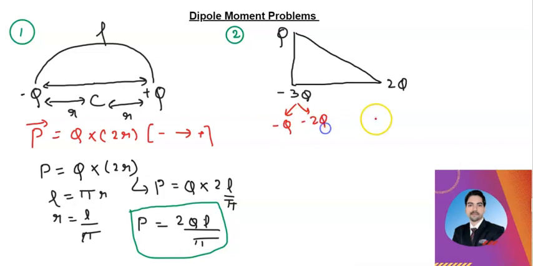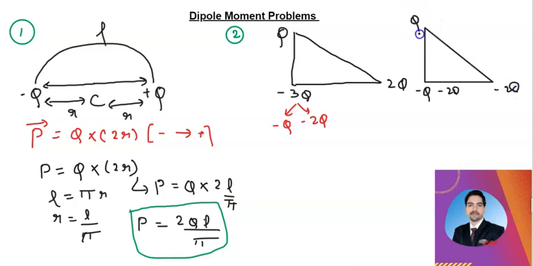Is it clear everyone? So I can split the whole problem into two parts. This is our triangle. This will be minus q, just imagine, and here minus 2q. This is minus 2q. This is plus q. So this forms a dipole, and there is another dipole.